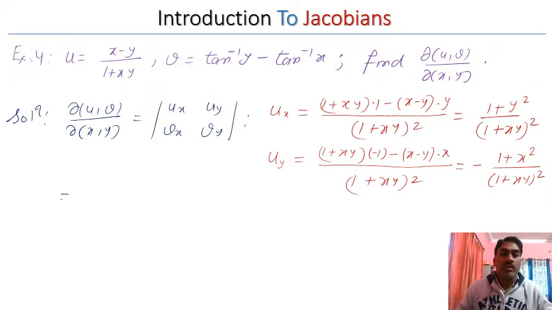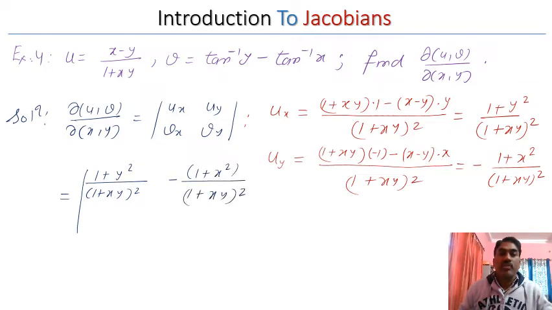So the Jacobian becomes (1 plus y square) by (1 plus xy) whole square, minus (1 plus x square) divided by (1 plus xy) whole square, and then the partial derivative of v with respect to x, so this is minus 1 by (1 plus x square), and the partial derivative of v with respect to y, so this is 1 by (1 plus y square).